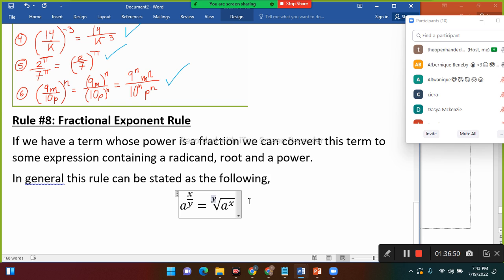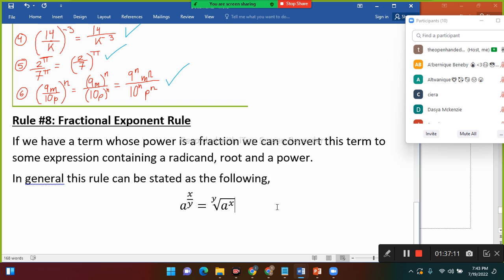Excuse me. Yes, ma'am. So how would we say that equation now? Yes, sir. So we say a to the power of x over y equals the y root of a to the x.